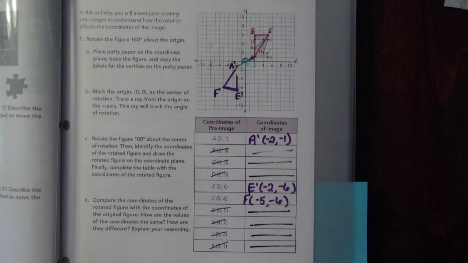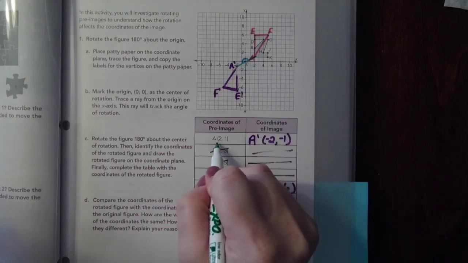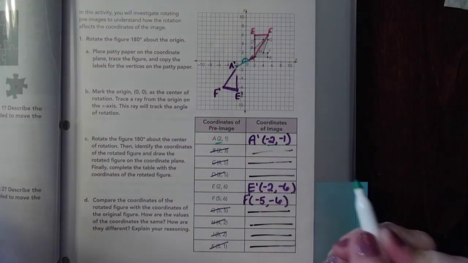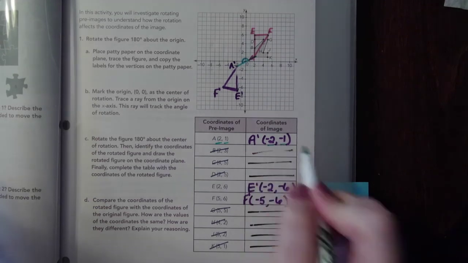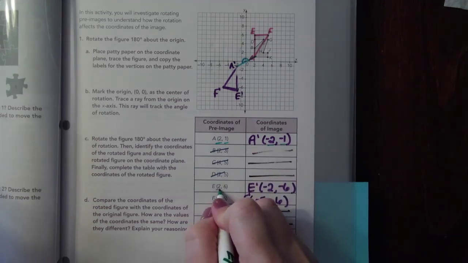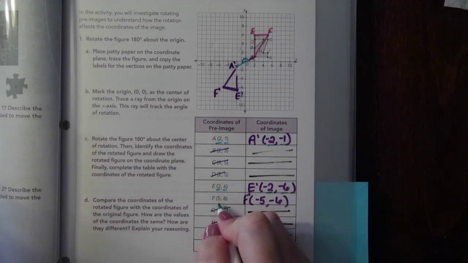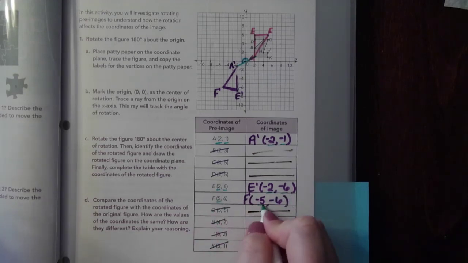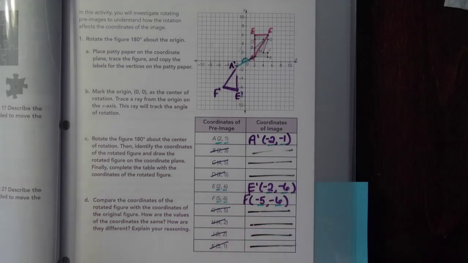Okay, so compare the coordinates. Remember, just like we did in reflecting, if you look at rotation, notice 2 became -2, 1 became -1. On E, 2 became -2, 6 became -6. F, 5 became -5, 6 became -6.